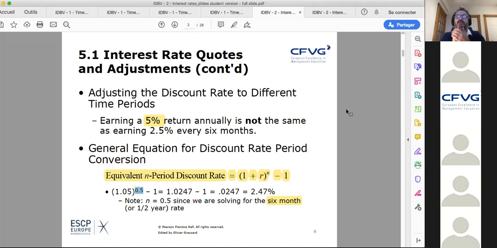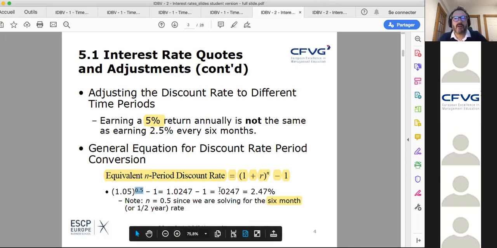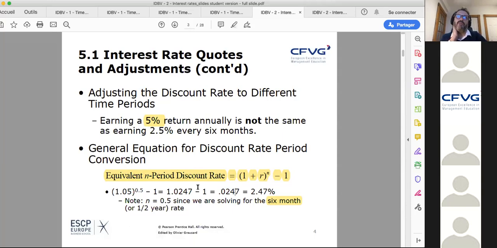Try to keep 4 figures after the dot, that's my advice, even more than what I have here. Because when you do monthly calculations afterwards, maybe you will have some differences. It's no big deal. I will not penalize you in an exam if you have a $1 or $2 difference, but just my advice: keep it precise at that level so it's easier.